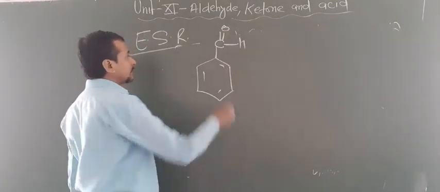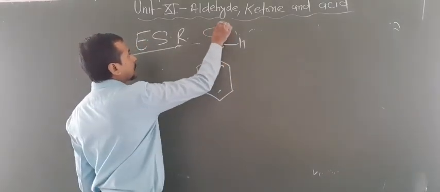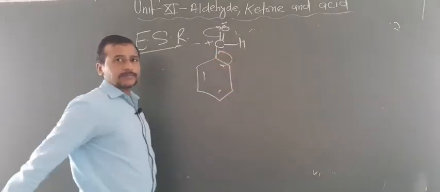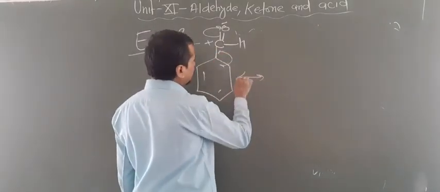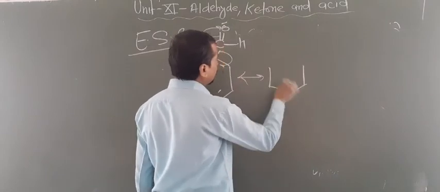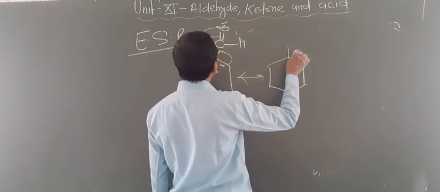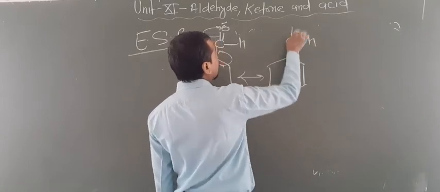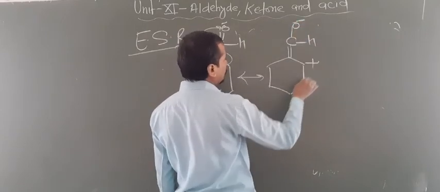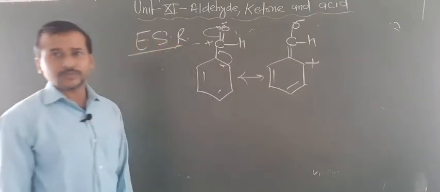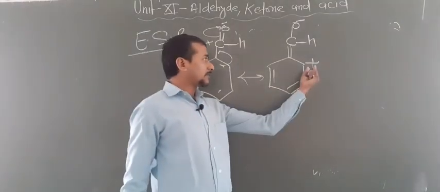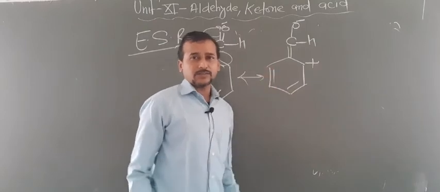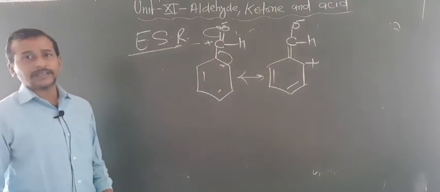Look here, this bond breaks like this, negative charge, positive charge. Now this pi bond moves toward this bond. I told you so many times that this is a meta director. Now this becomes a double bond, this is a single bond O negative, and the positive charge comes on the ortho position. Similarly this positive charge moves to the para position, again ortho position. So that's why this behaves as a meta director.